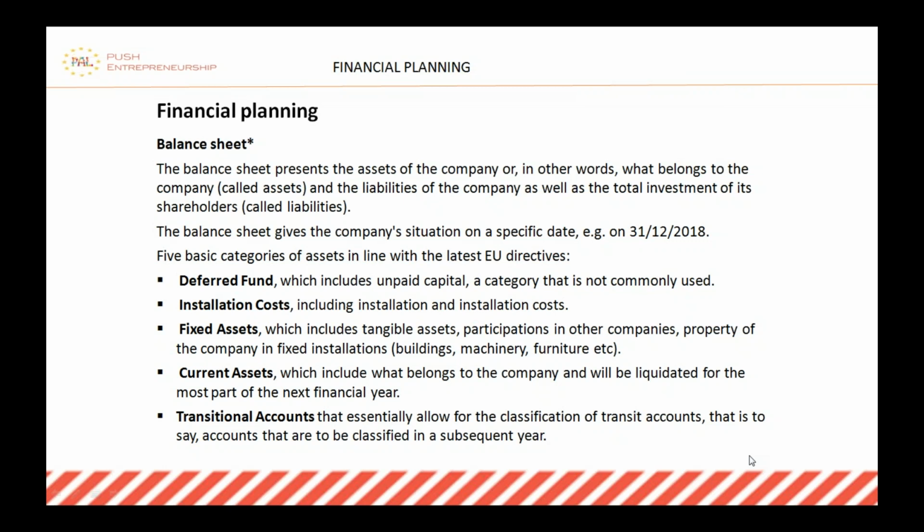Fixed assets, which includes tangible assets, participation in other companies, property of the company in fixed installation, for example, buildings, machinery, furniture, etc. Current assets, which includes what belongs to the company and will be liquidated for the most part of the next financial year. And finally, transactional accounts, that essentially allow for the classification of transit accounts, that is to say, accounts that are to be classified in a subsequent year.